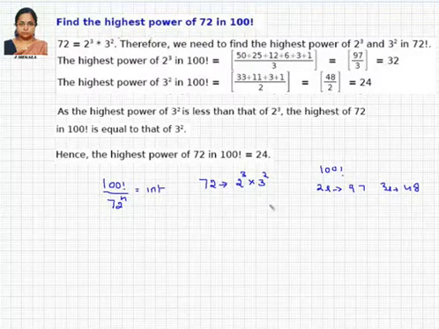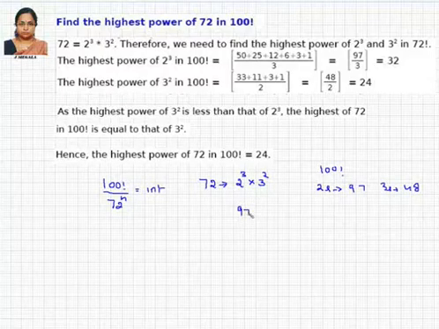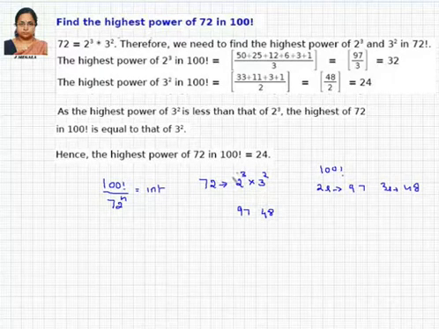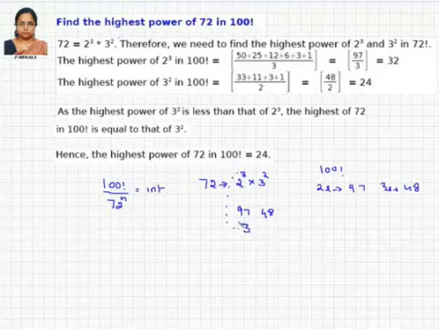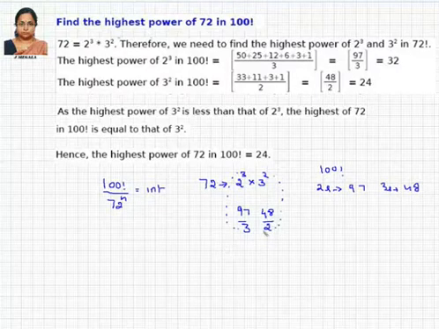So what you do here is write below this 2 the number of 2's, 97, and below this 3 the number of 3's, 48. Then bring down the power, whatever you have here. Similarly, bring down this power. Divide by it.